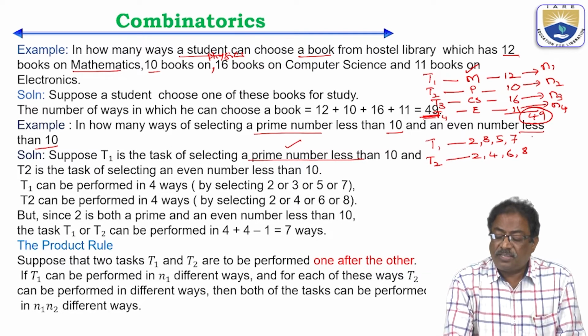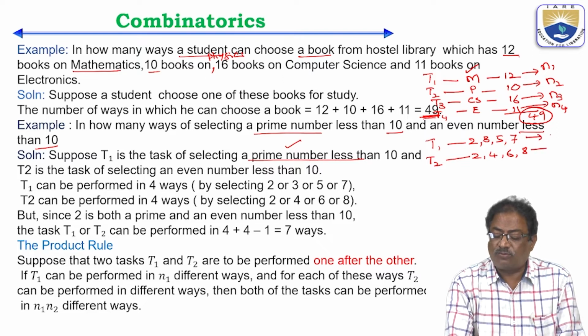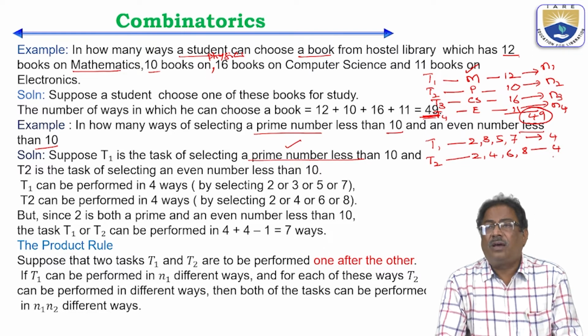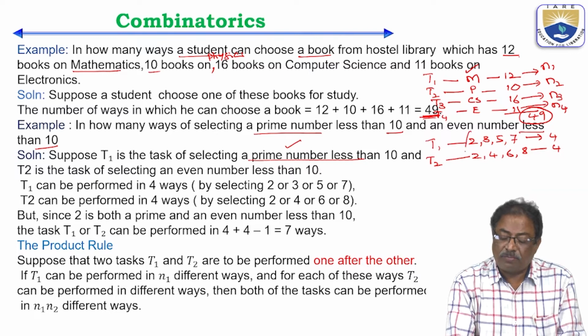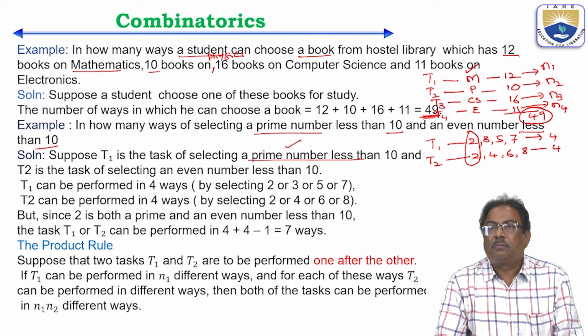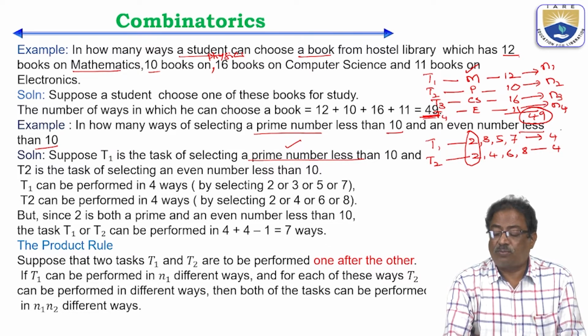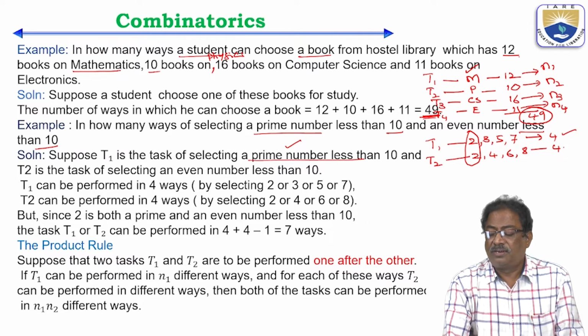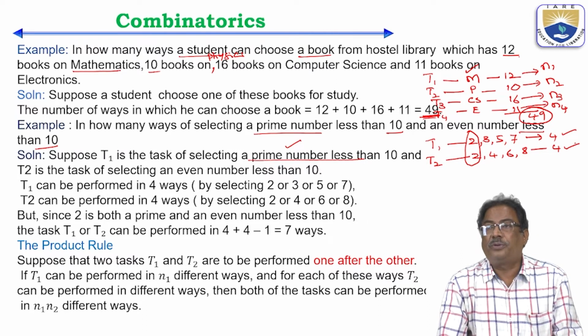Now, see here, this is 4 ways and this is 4 ways. Now the thing is, there is a common element: 2 is prime as well as even. Task 1 is performed in N1 ways, Task 2 is performed in N2 ways.